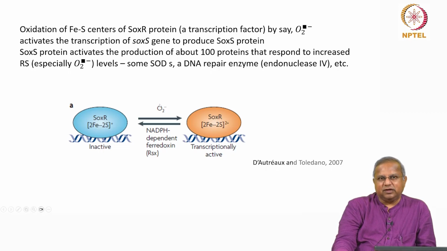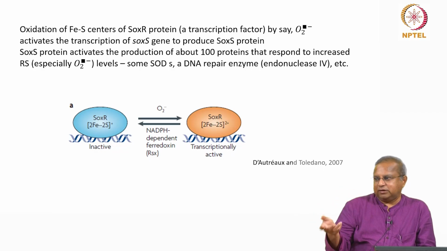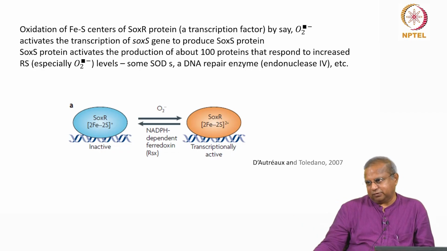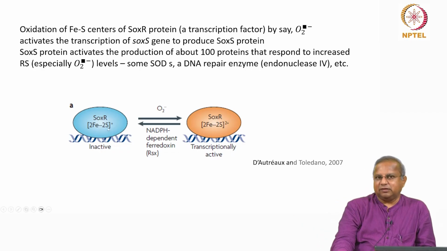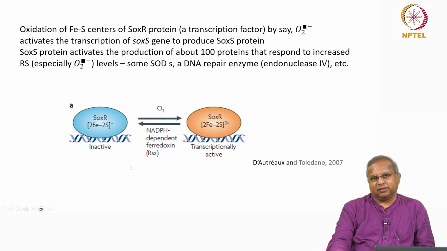Whereas when it gets oxidized, it becomes 2Fe2S with 2 plus, and in this state the conformation changes. If the conformation changes, it attaches to the DNA appropriately and causes transcription. So that's how the superoxide has a handle on SOXR: SOXR senses the superoxide, gets oxidized, and becomes transcriptionally active.